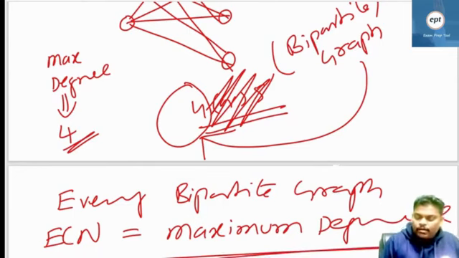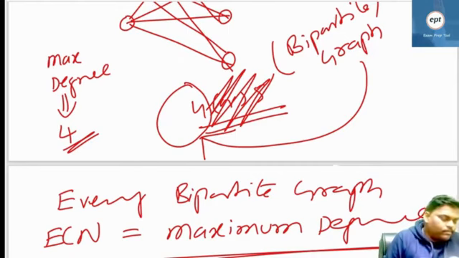Every bipartite graph, edge chromatic number is equal to maximum degree.